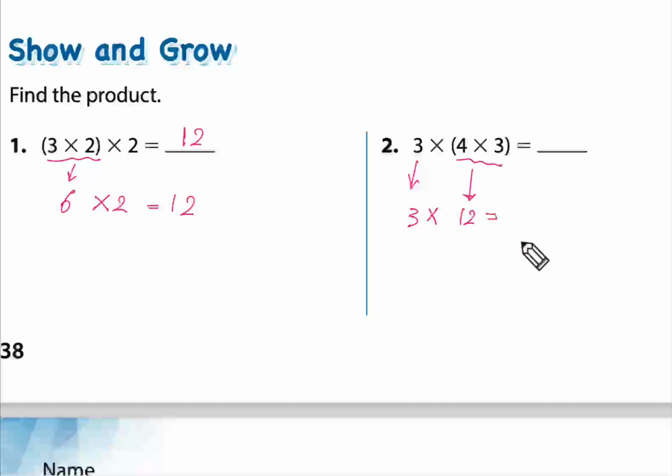Do you know 3 multiplied by 12? I know. 36. Excellent, it's 36, that's right. But in fact, I don't know. So let's make it another way. I need a smart way.